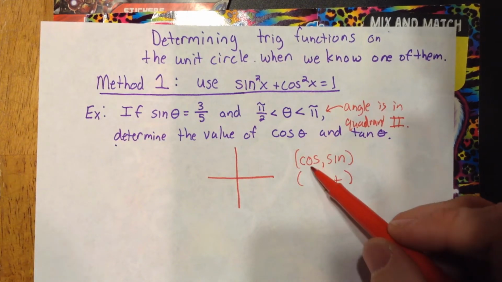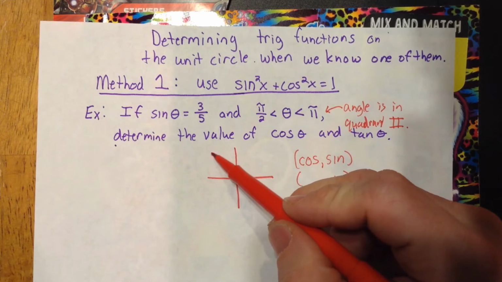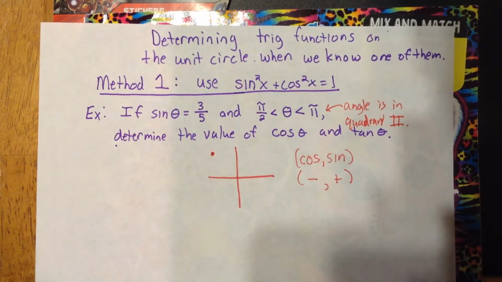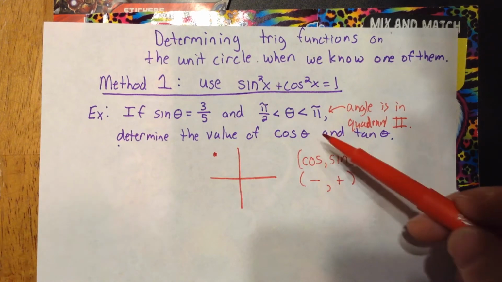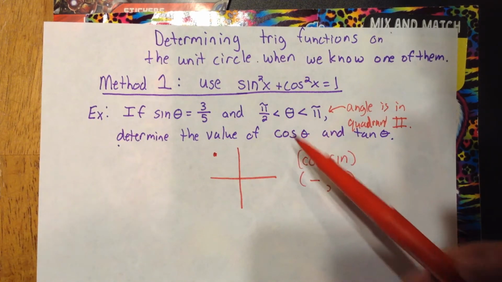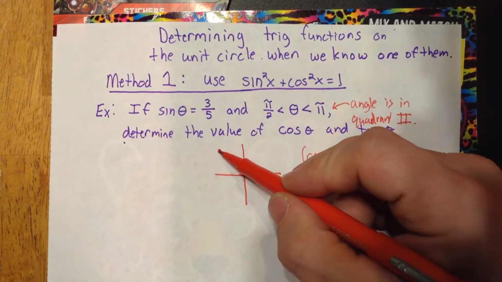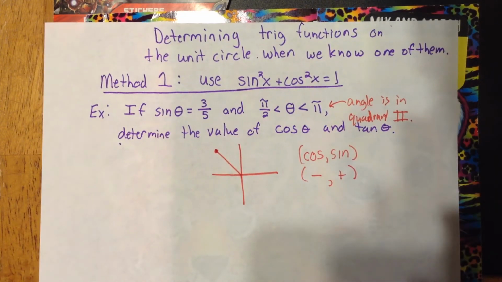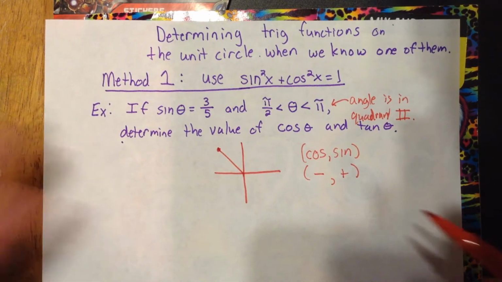And if we're in quadrant 2, cosine is negative. It's really not that important for this problem because I tell you where the angle is, but sometimes they don't tell you that and you have to use this to figure it out. So we draw a point out in quadrant 2. It doesn't even matter where it's at. Just get it out there. That's all we need.